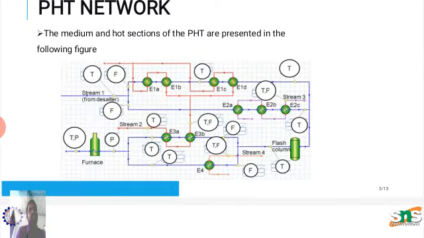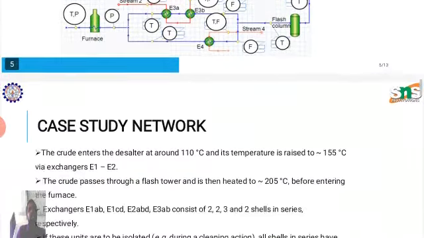The current capacity of the PHT is 52,000 barrels per day. The coil inlet temperature over a 10-month period is reported. During this period, a turnaround took place after 7 months, where all the units in the diagram were cleaned.